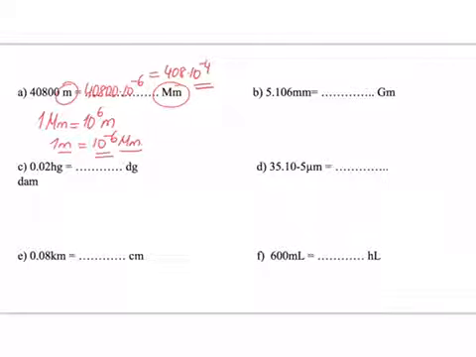B, 5 times 10^6 millimeters is equal to how many gigameters? Here we don't have the relation between millimeter and gigameter, so we have to come to the base unit. First convert millimeter into meter and then to gigameter.